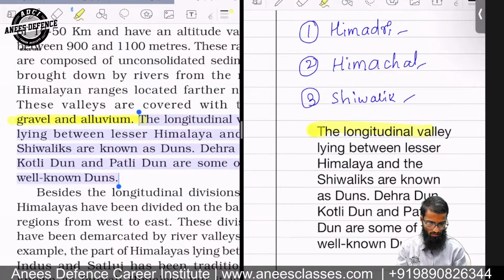So you need to understand this. The longitudinal valleys lying between lesser Himalayas and the Shivalik are known as dunes. And in the Shivaliks, Dehradun, Kotli Dune, Patli Dune are some of the important dunes. Okay, is it clear?